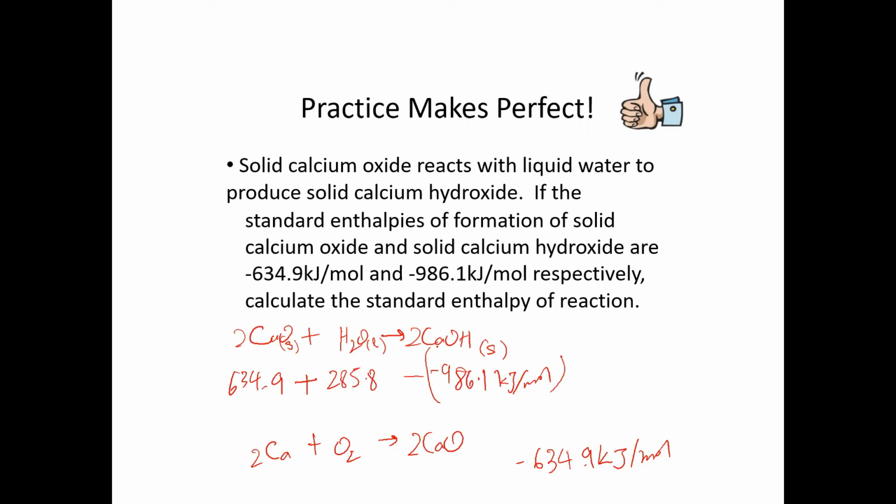Let's put that into our calculator: 634.9 plus 285.8 minus negative 986.1. We get 19.06, sorry, 1906.8 kJ per mole.